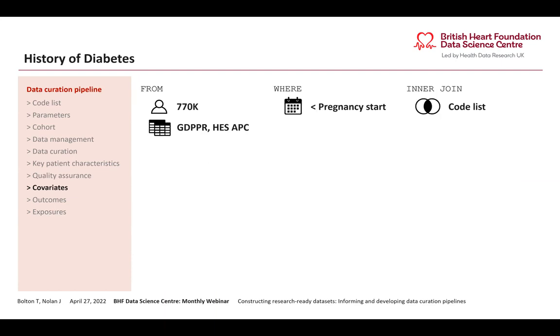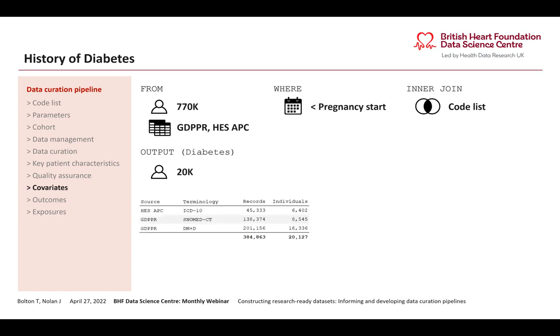So taking our cohort of 770,000 women, using the GDPPR and the curated long HES-APC table, we can filter the records to before each individual's pregnancy start date and join these to our code list. And we find that this identifies 20,000 women who have records with codes matching our code list.